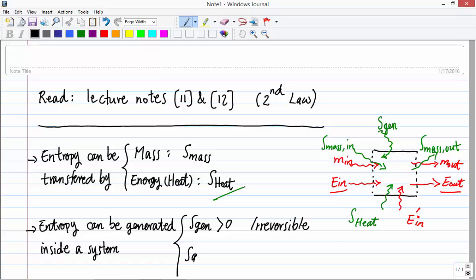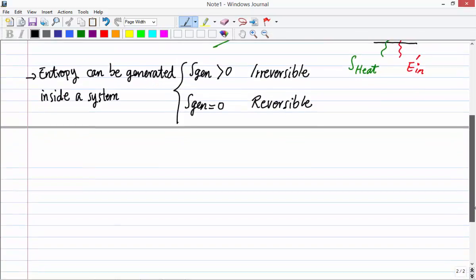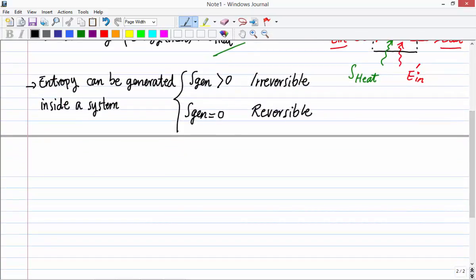And if the generated entropy equals zero, that's going to be reversible. You can play that process in the opposite way. It can happen in the opposite way.